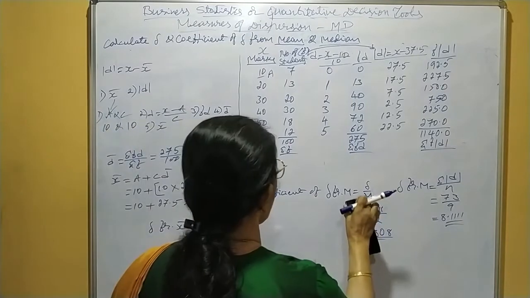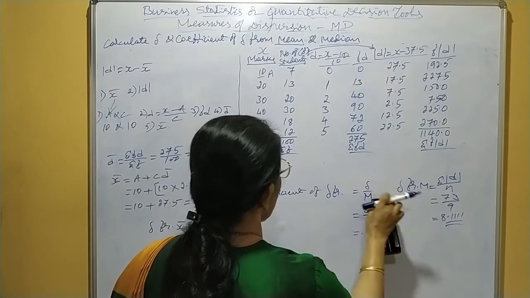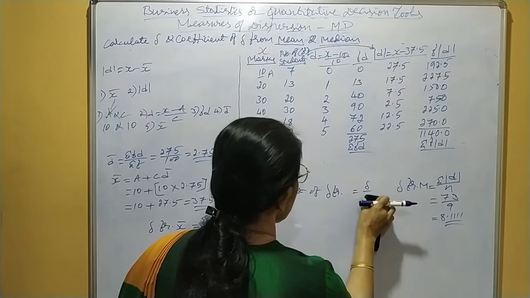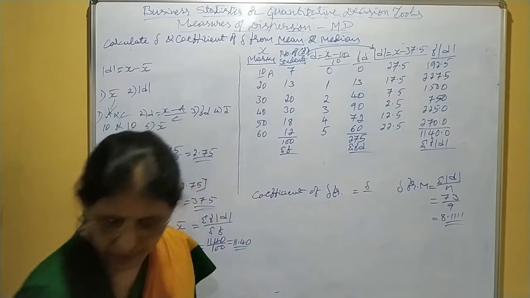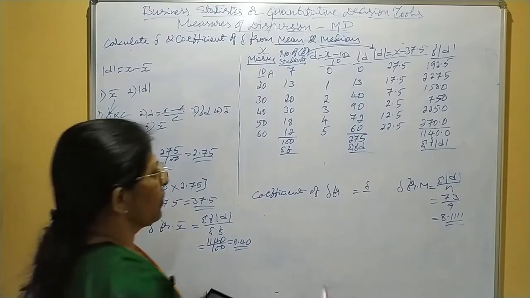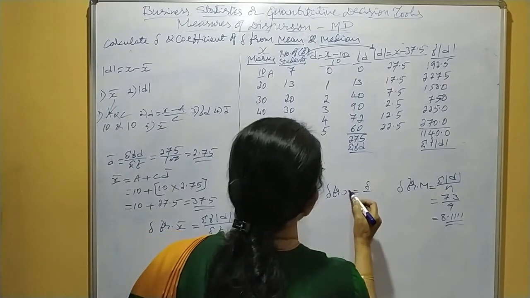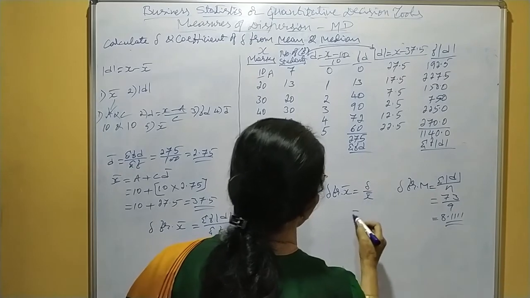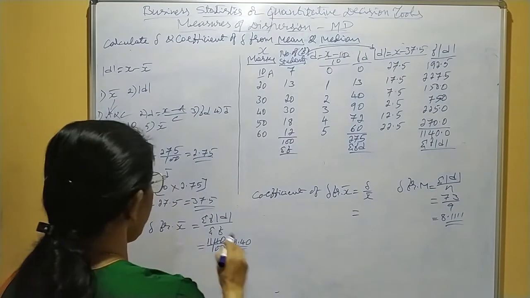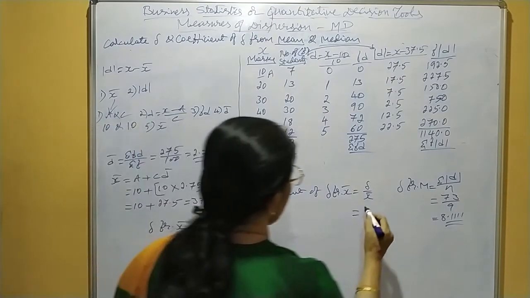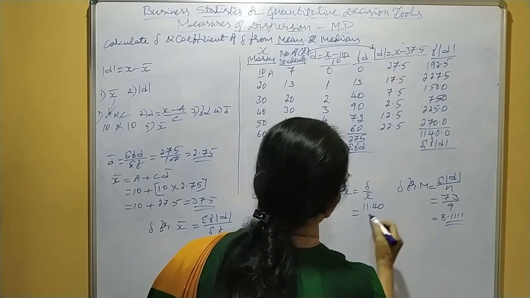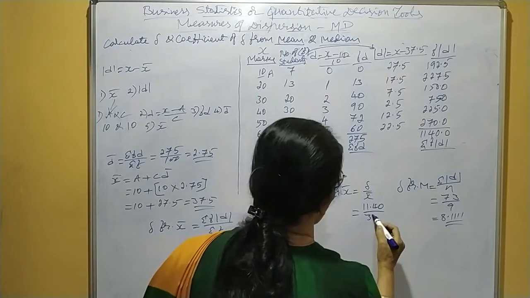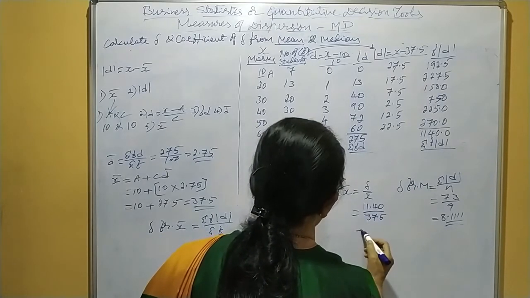Now you have to find out coefficient of mean deviation from mean. The formula is the same, whether it is ungrouped data or grouped data, under grouped data, discrete series or continuous series. Here delta refers to mean deviation from mean, that is 11.40 divided by x bar, 37.5.